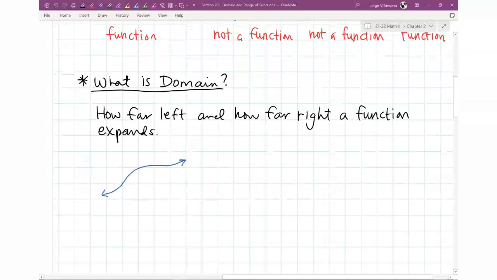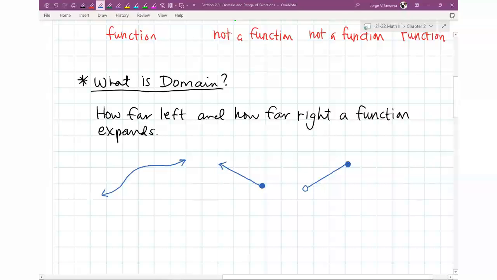But then sometimes you'll see some graphs that look like they go to the left forever, but then they like stop at a certain point, right? Or maybe they're like this, okay? Where they start and stop at certain areas. Now you'll notice the open circle means it does not include that point, right? Whereas the closed circle means that point is included. But you see a lot of different things.